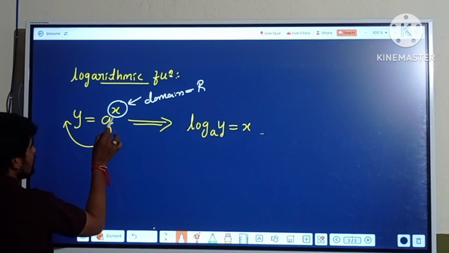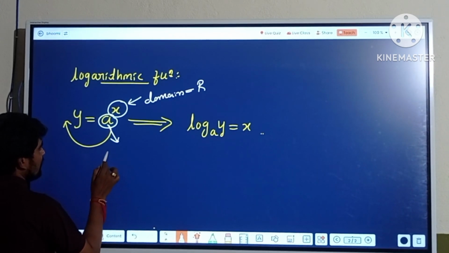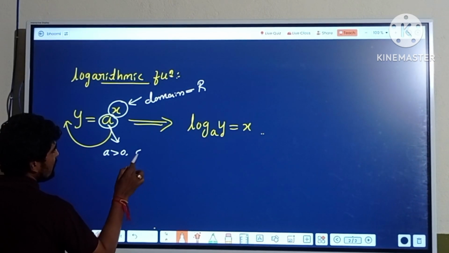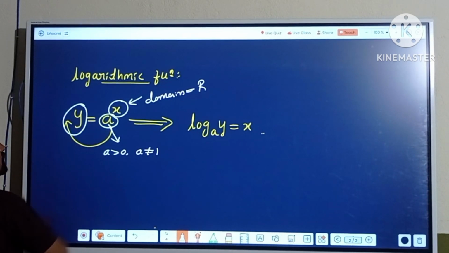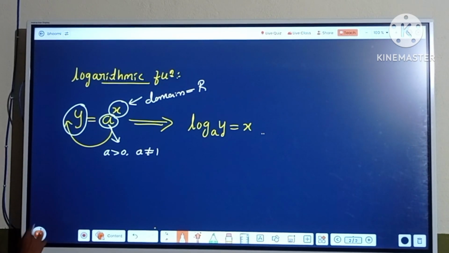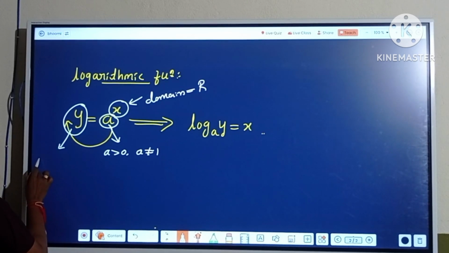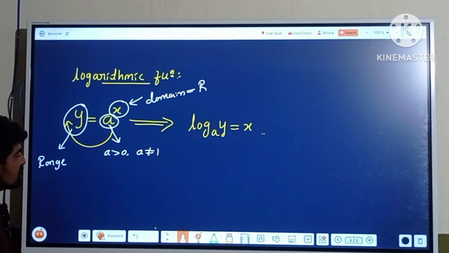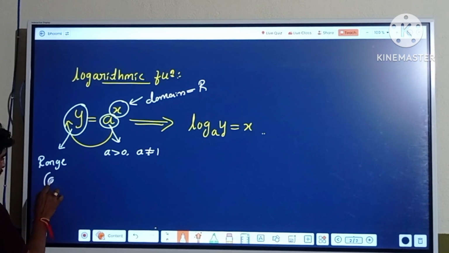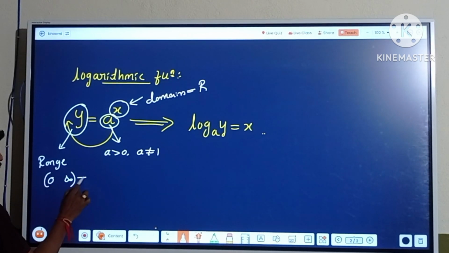And what is the condition on this base a? a should be greater than 0 and a should not be equal to 1. And what is y? y is nothing but the output of the exponential function. The set of output values is called the range of the function, and we know that the range of the exponential function is the set of positive real numbers, or from 0 to infinity.